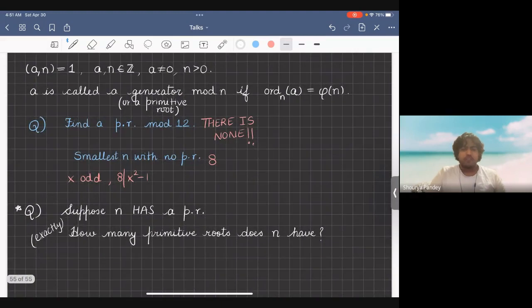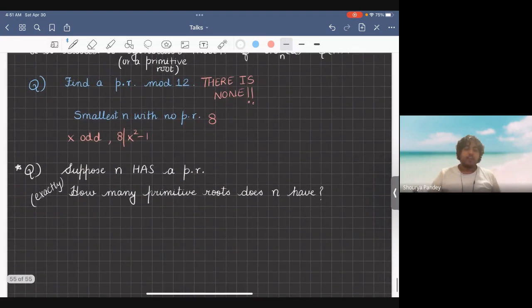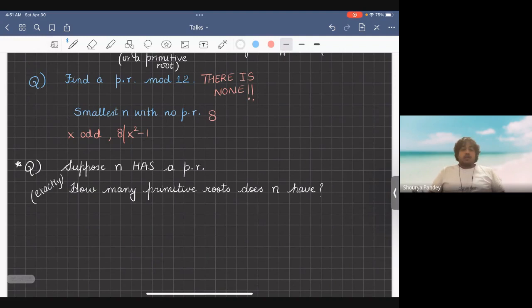I don't think there's a notation for the number of primitive roots, you can call it whatever. It's not true for 4, but it's true for most numbers, for large enough n. In fact, the formula will make it clear why. One hint is that it's related to a problem that we've done before.